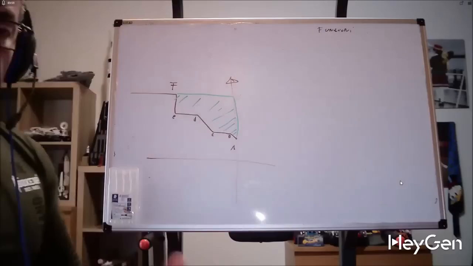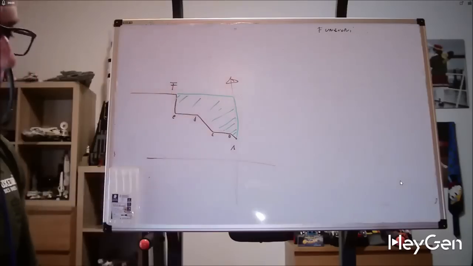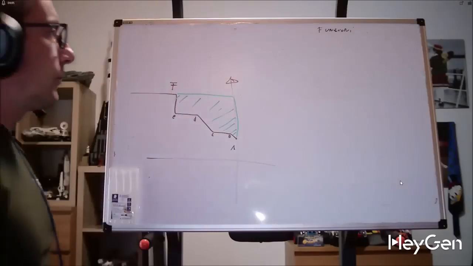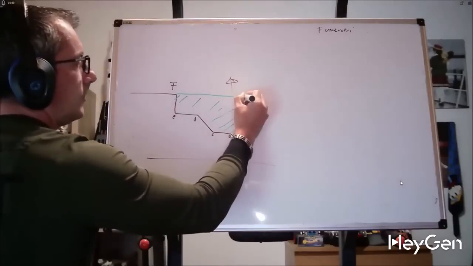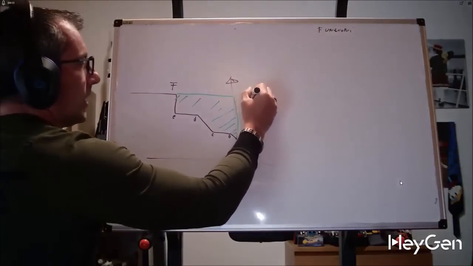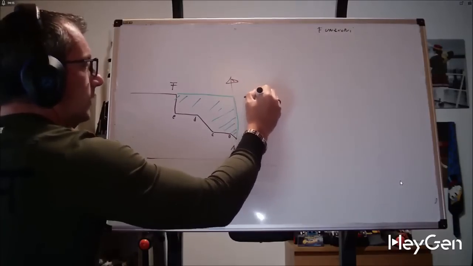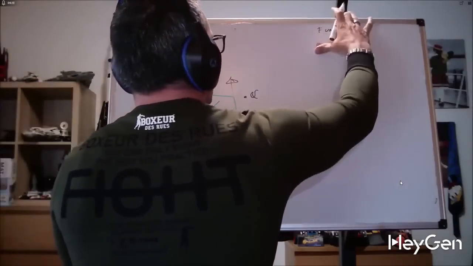So we need to give the machine an idea of the piece, let it know that we're using a macro, and then define the profile on the raw piece. So the first thing we should do is position ourselves at this point. Let's call it point alpha.